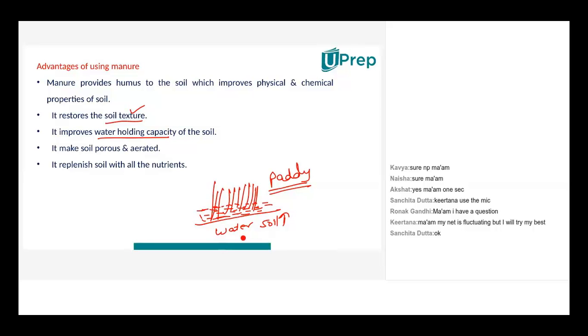If the water holding capacity is bad, all the water will percolate down and go to the groundwater. Just imagine the plight of the farmer. He'll keep on watering from here and all the water will percolate down. That's not desirable. So the top layer of the soil must be such that it can hold the water for quite some days.